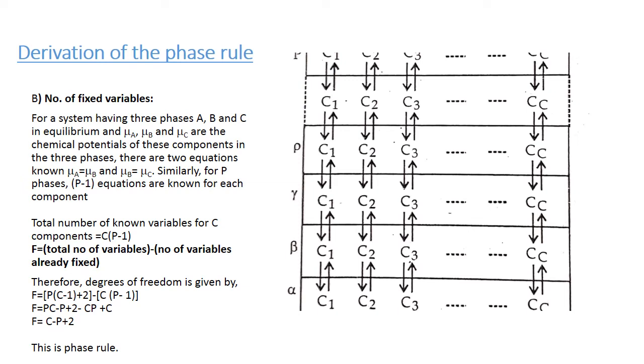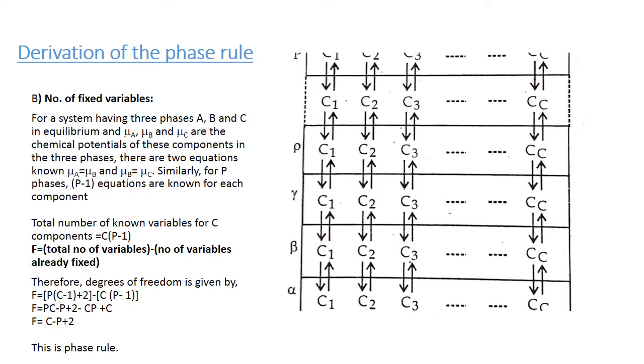If we consider a four phase system, we will get three equations. If we consider a five phase system, we will get four equations. Likewise, for a P phase system, we will get P minus 1 equations for each component.